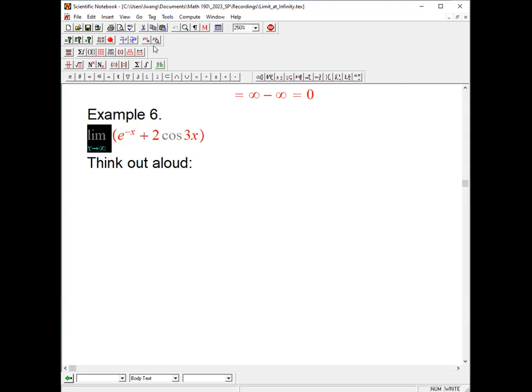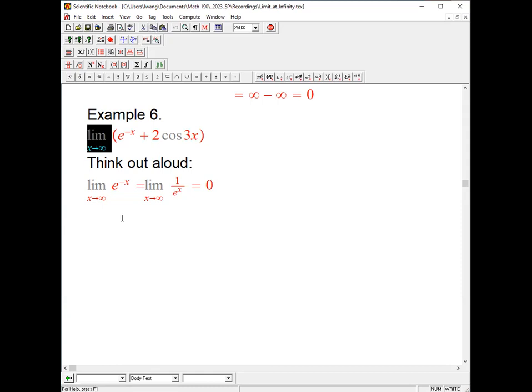So the limit of e to the power negative x, we have discussed this function as x approaches infinity, e to the power negative x is going to be like this. If you don't remember the graph, that's okay. You just know that as x approaches infinity, e to the power x is approaching infinity. So this whole thing is 0. As x approaches infinity, the denominator is infinitely large.